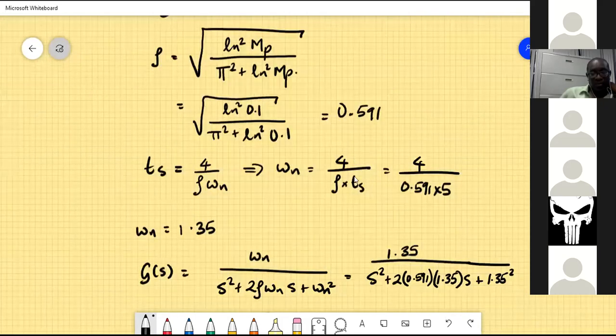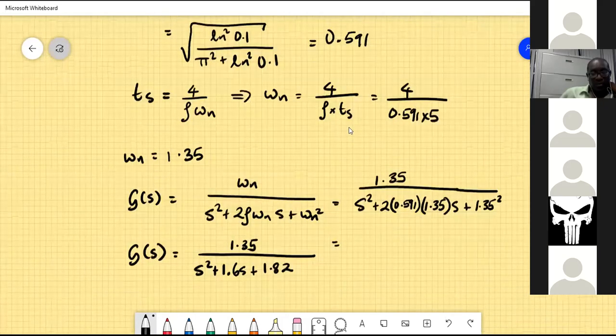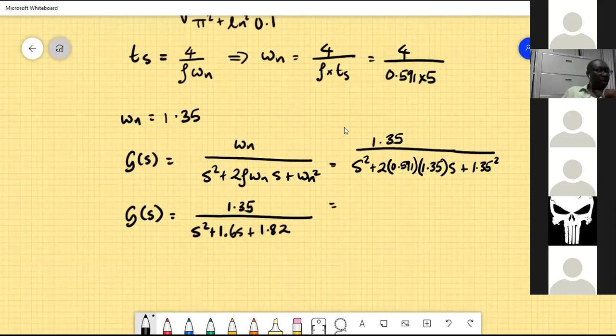So write down this equation for G(s), and then we're going to MATLAB.